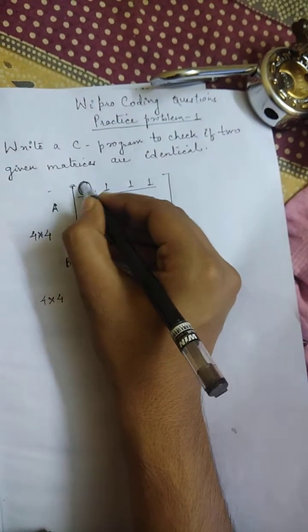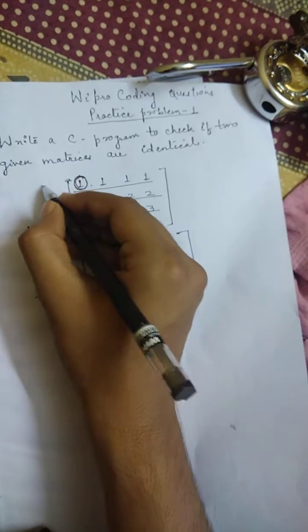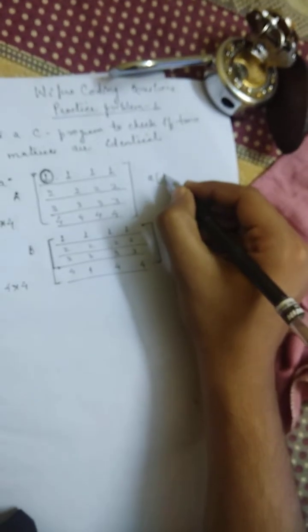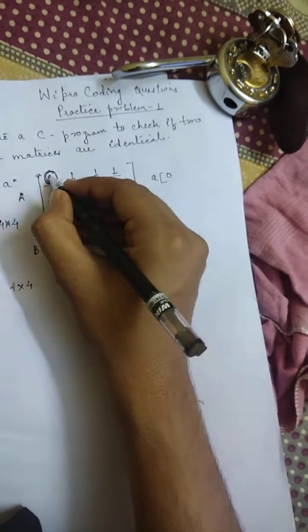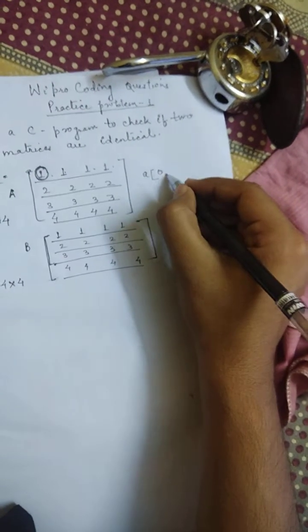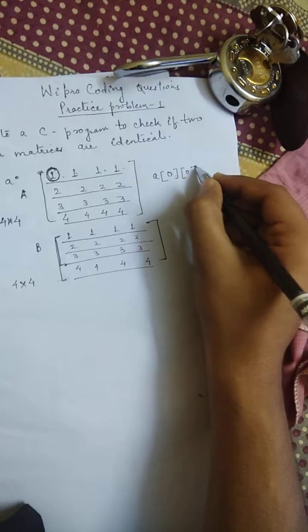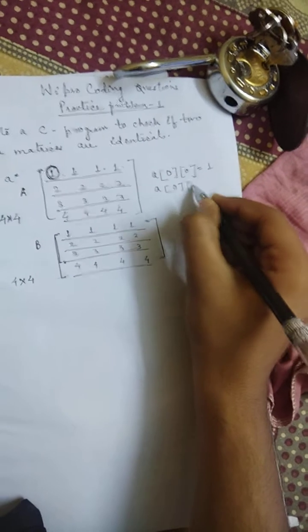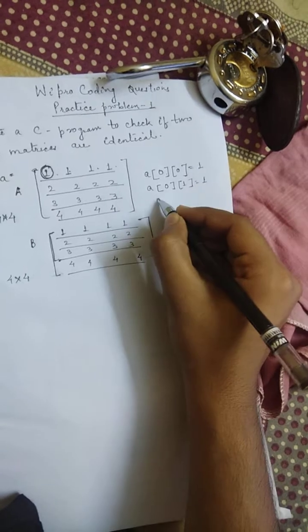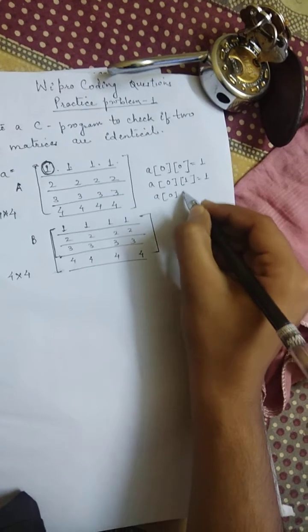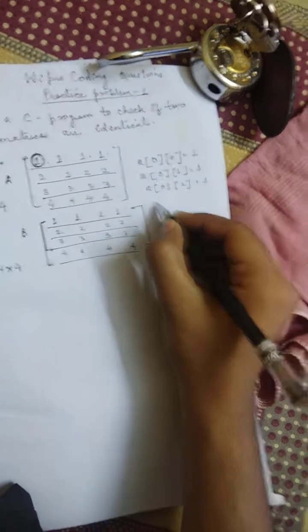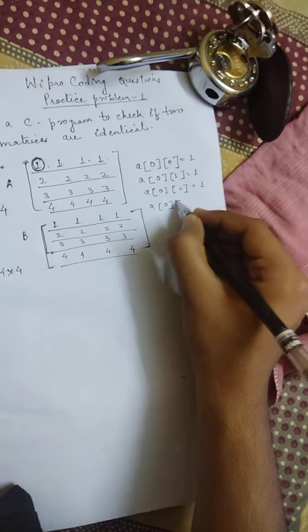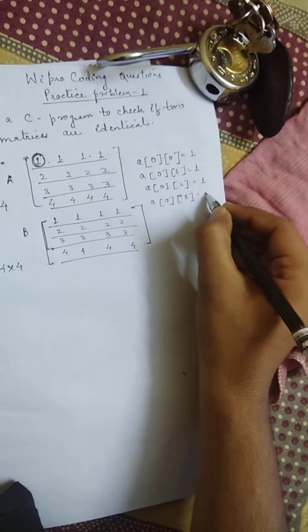This is the first row and first column. So the indices are 0 1 2 3. A 0 0 is 1, A 0 1 is 1, A 0 2 is 1, A 0 3 is 1.